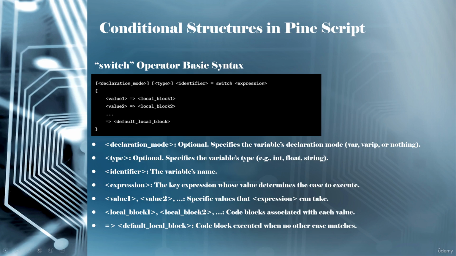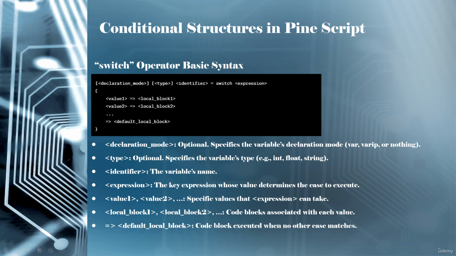Now let's review how the switch structure operator works. In PineScript, the switch structure is used for conditional branching, similar to the if structure. It allows you to select and execute specific code blocks based on the value of an expression.